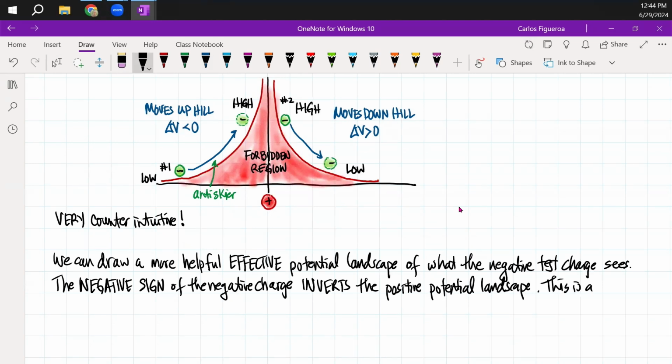This is a game changer in interpretation.